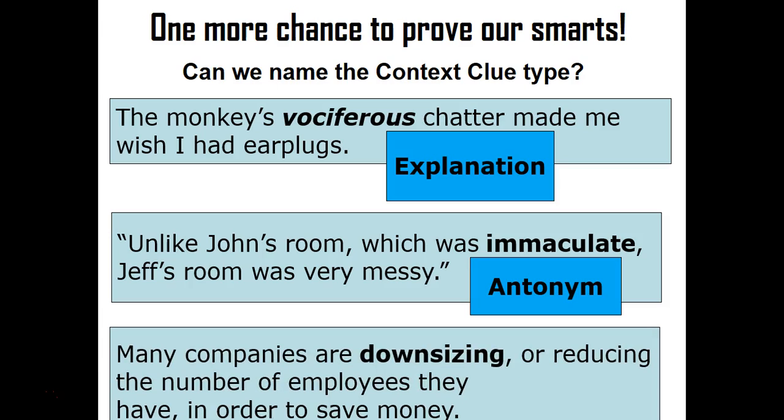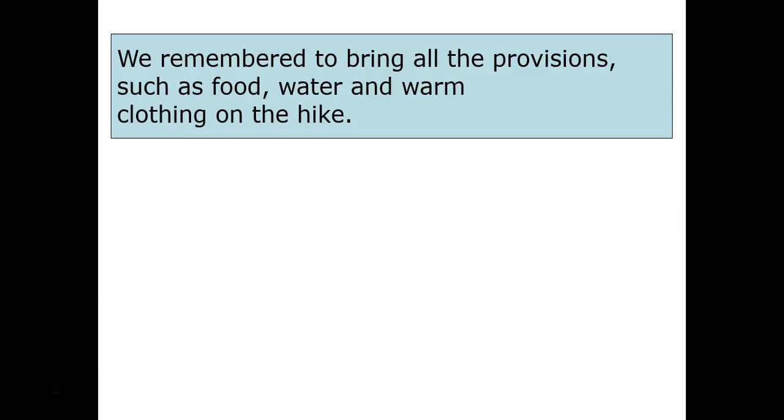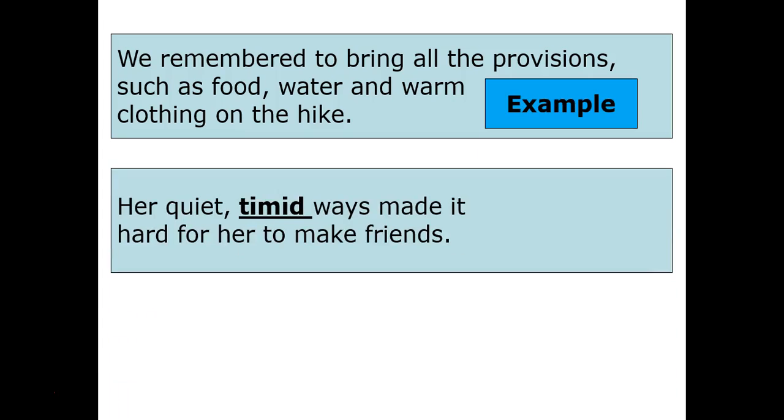Last one. Many companies are downsizing or reducing the number of employees they have in order to save money. If you chose definition, again, you are correct. We remembered to bring all the provisions such as food, water, and warm clothing on the hike. That is an example. Her quiet, timid ways made it hard for her to make friends. Synonym.